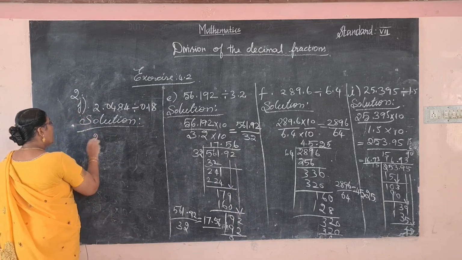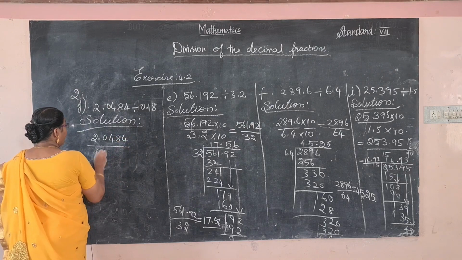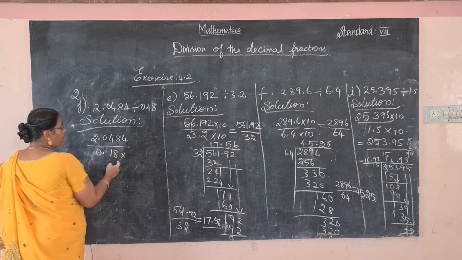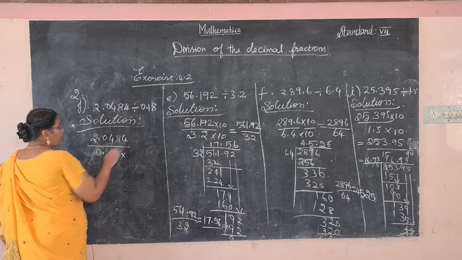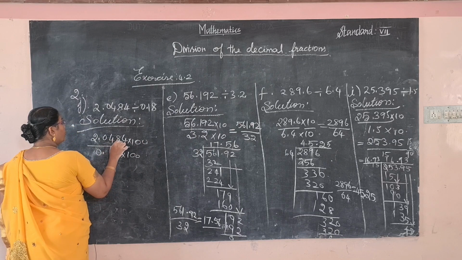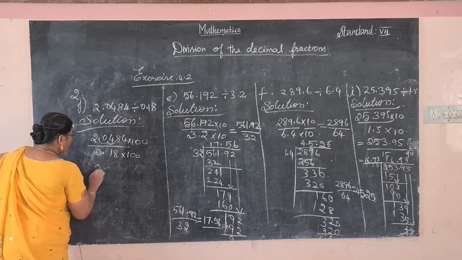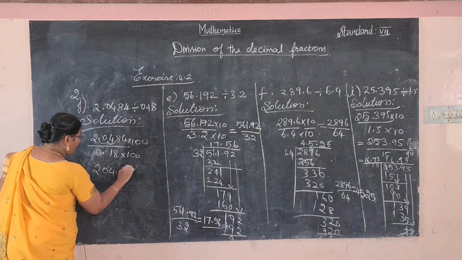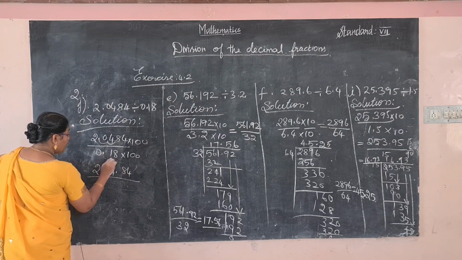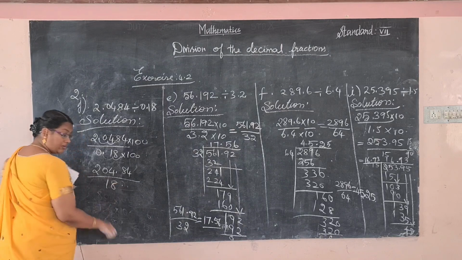So the numerator and denominator are multiplied by 100. The decimal point moves to the right, so 204.84 divided by 18.